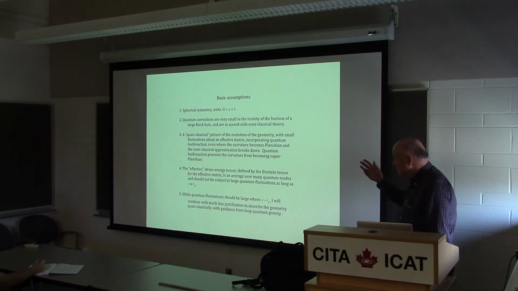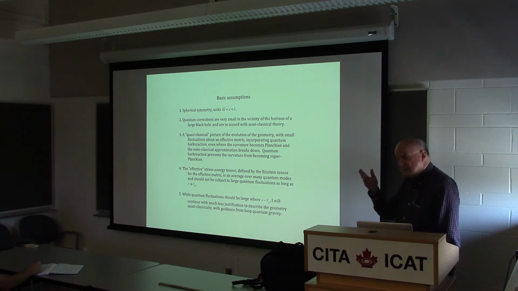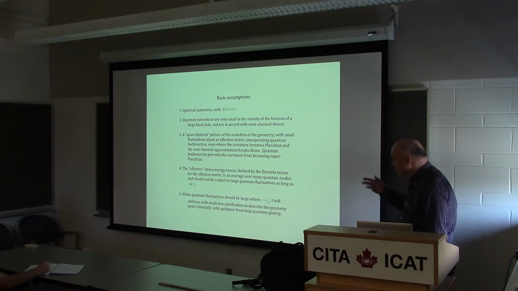So you get large modifications in the geometry, but you can still argue that the fluctuations in the geometry are fairly small, because what's modifying the geometry is the total effect of a large number of quantum modes, and the fluctuations from any one mode should be fairly small in comparison with the total average effect.